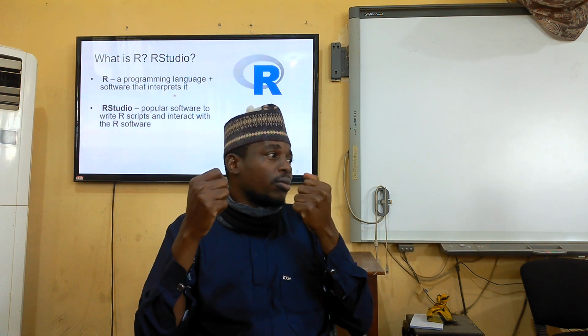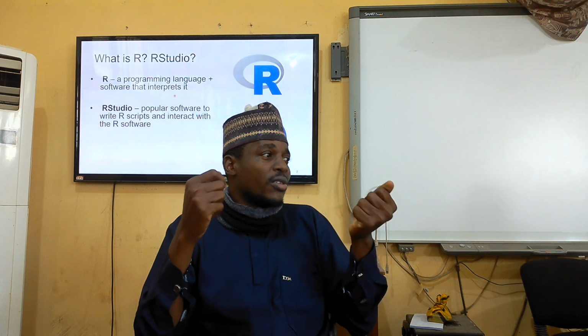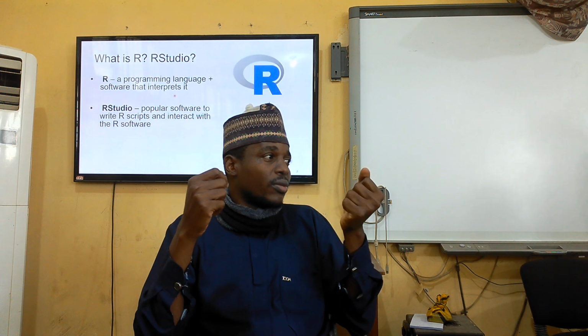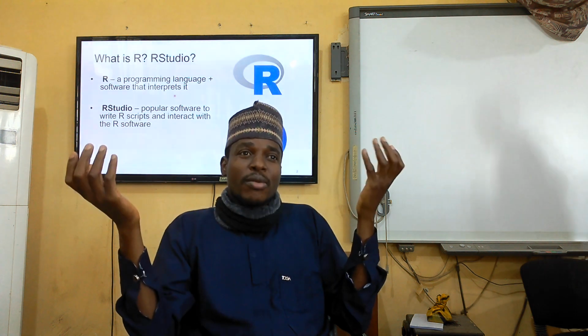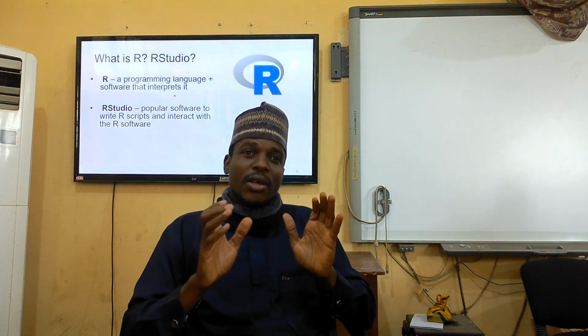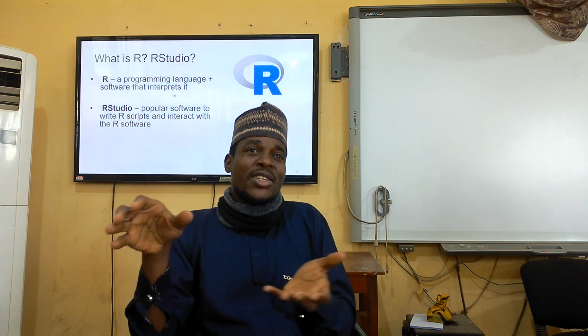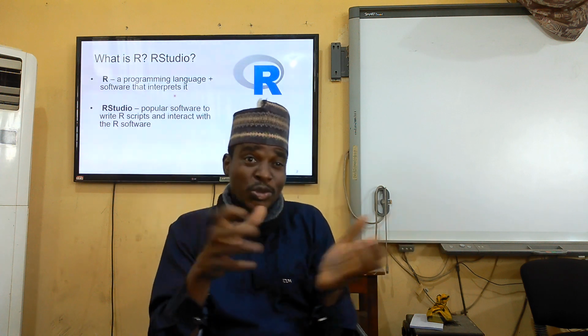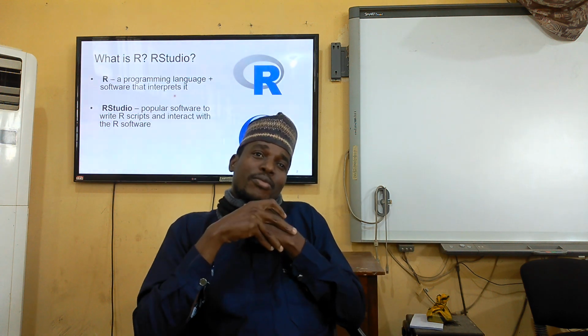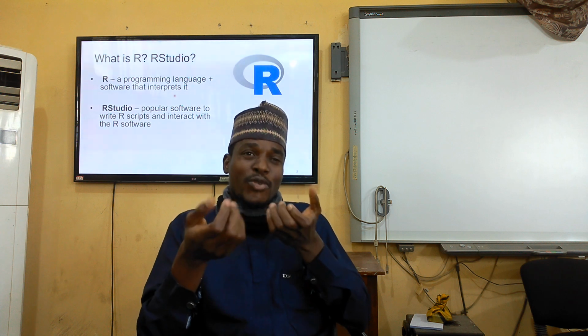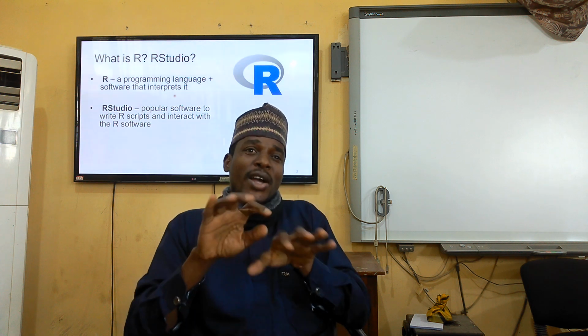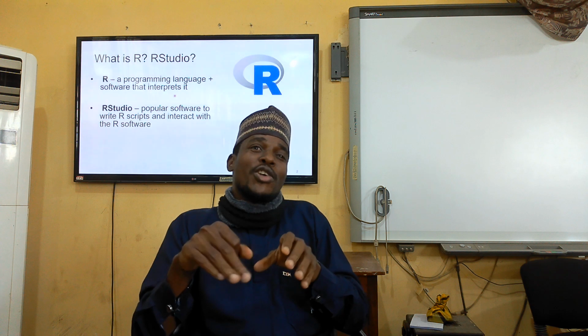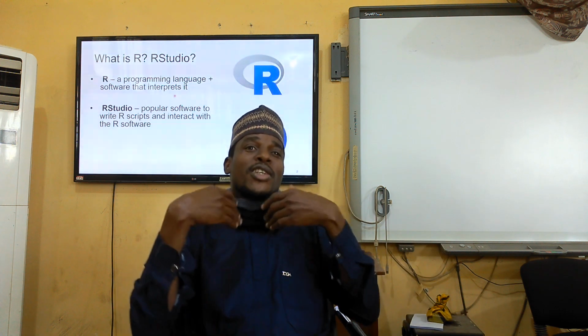And anything that you see a computer doing, whether you are playing a game, watching a movie or anything, those electronic devices see those things that you're doing at the periphery as zeros and ones. So also, if we want to program a computer, we need a software that is able to translate whatever we write in what we call high-level language into those zeros and ones that the computer understands. So that's what we call the interpreter.